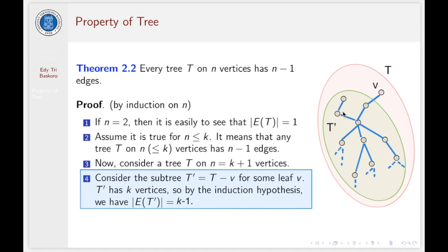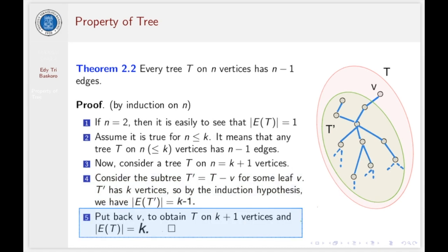So we can see the diagram here. Previously we have a tree T, and then we remove the vertex V, then we obtain the T prime here, right? So this T prime is still a tree, so that means by induction hypothesis, the number of edges in T prime is k minus 1.